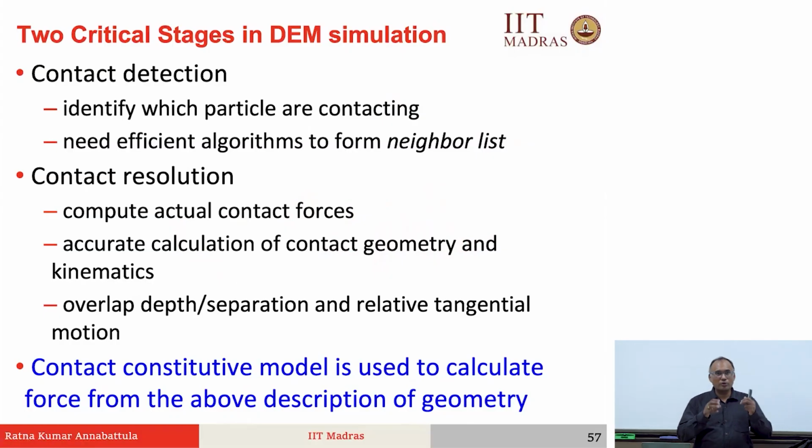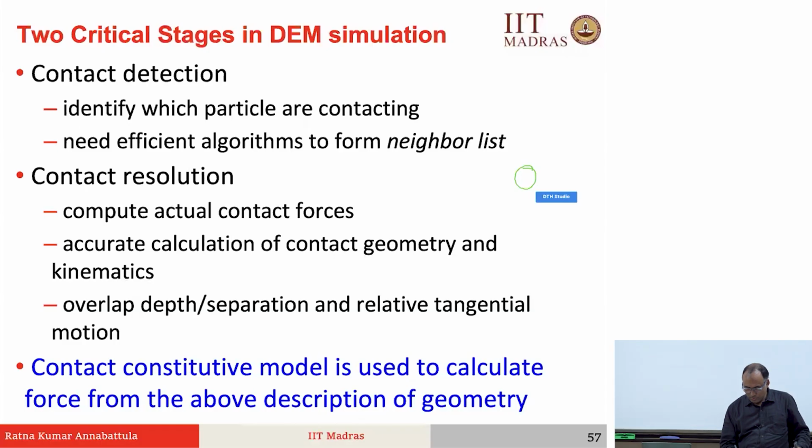Because you want to have a normal contact and a tangential contact, right? In normal contact, you will have a spring between these two, and depending upon the distance between them, the spring could be a linear spring or non-linear spring, but you can find out. You can also have a tangential spring and tangential dashpot. That means the particles may be sliding past each other, right?